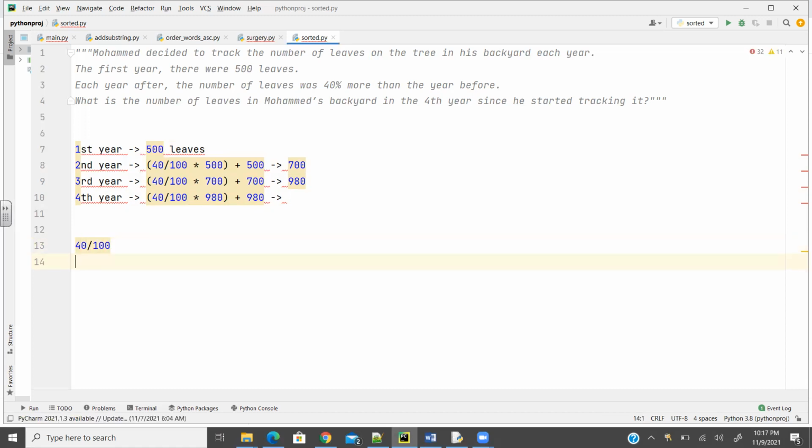So that should be 4 over 10. Then I need to multiply this by 980. Okay, so the zeros, I'll take the zeros off. So that will be 4 multiplied by 98. Then what I get, I'll add to 980.